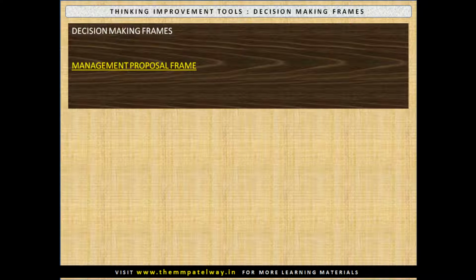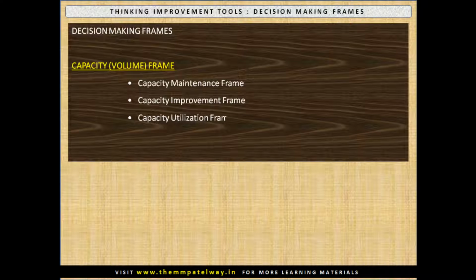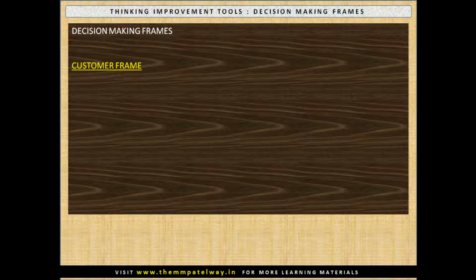Management proposal frame. Management proposal and approval frame. Capacity or volume frame. Capacity maintenance, capacity improvement, capacity utilization, capacity expansion and capacity diversification frame. Customer frame.